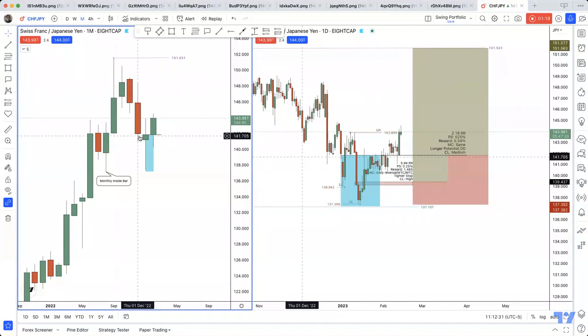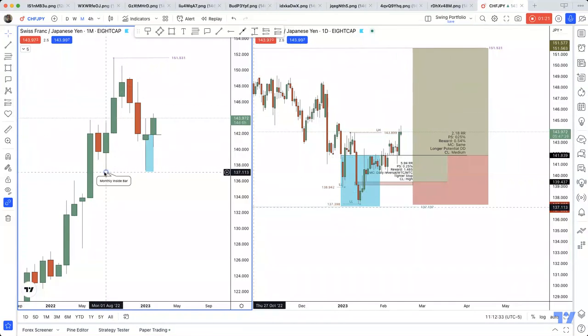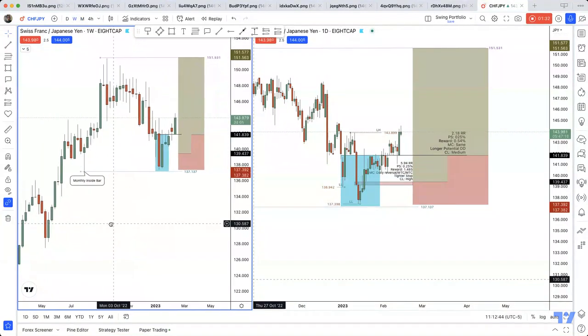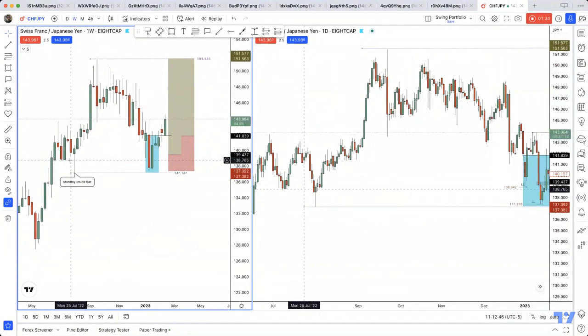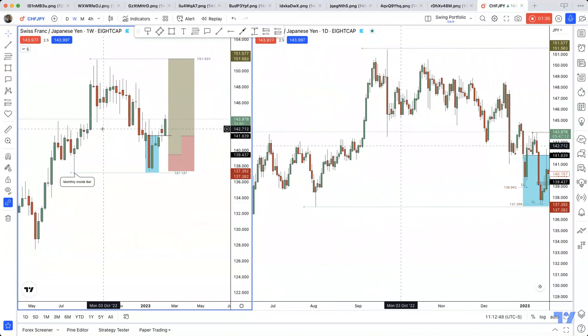And now we have this pullback, and price did not go past the lowest wick of that bullish candlestick in August. So we can break this down a lot more. You can see that this is actually a higher high, higher low, higher high situation, which represents an uptrend.